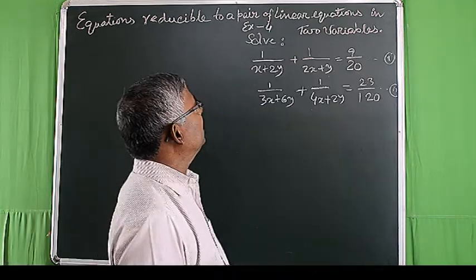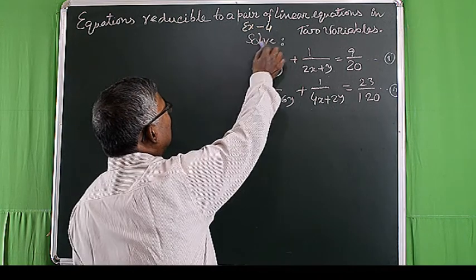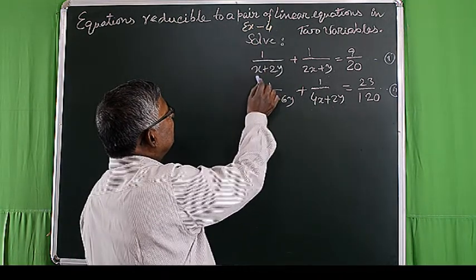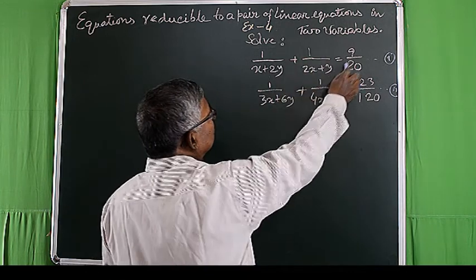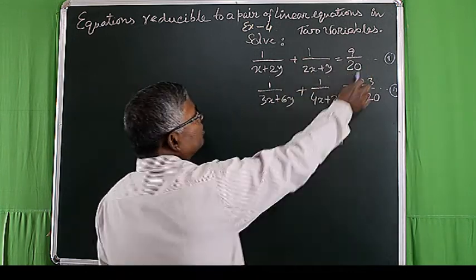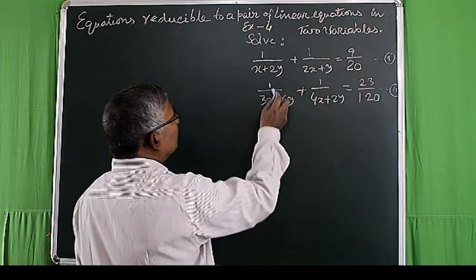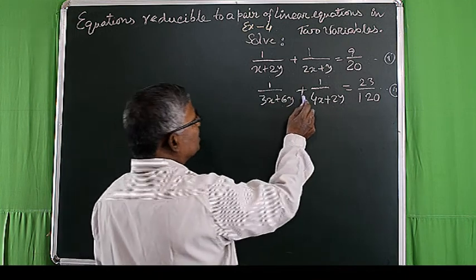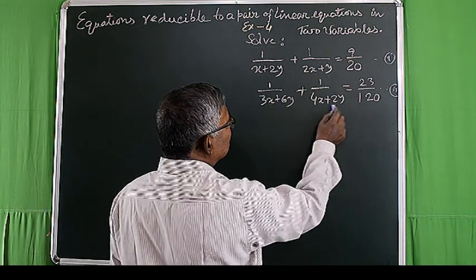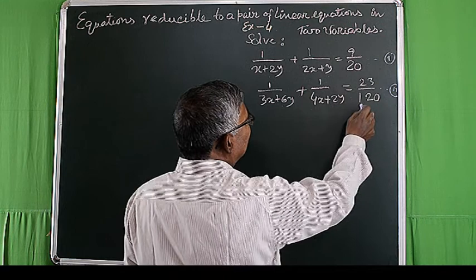Let us consider the fourth equation. Solve 1 by x plus 2y plus 1 by 2x plus y equal to 9 by 20. Suppose it is equation number 1, and 1 by 3x plus 6y plus 1 by 4x plus 2y equal to 23 by 120.